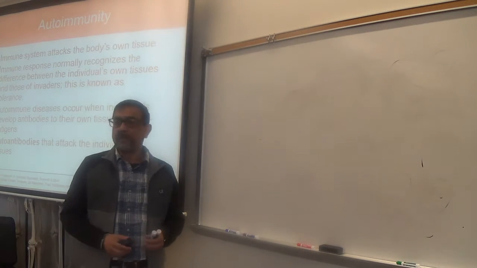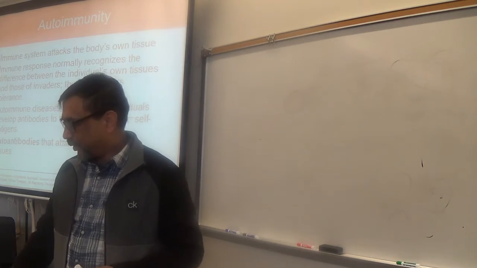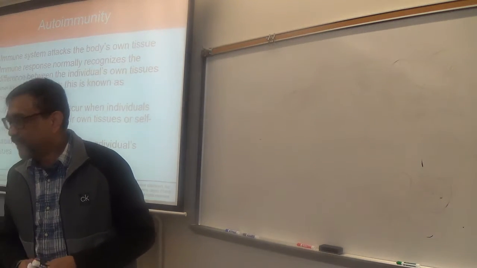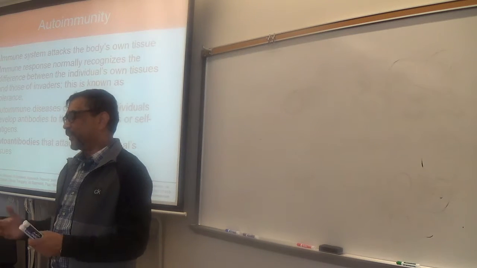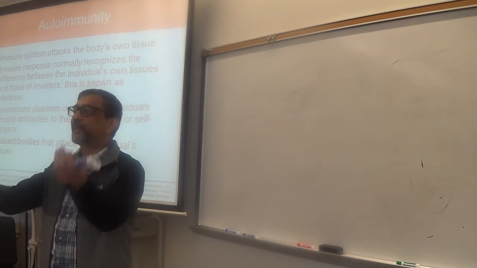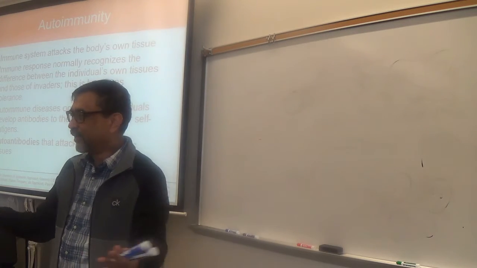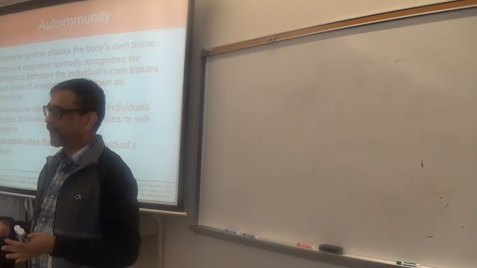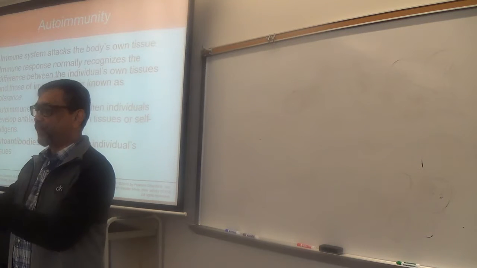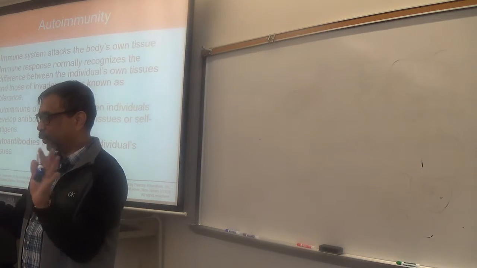Now, autoimmunity. Auto means self. So we know that when an antigen enters into your body from outside, like bacteria, virus, right, or any other type of antigen, your body should respond to that, and that is normal, usual.